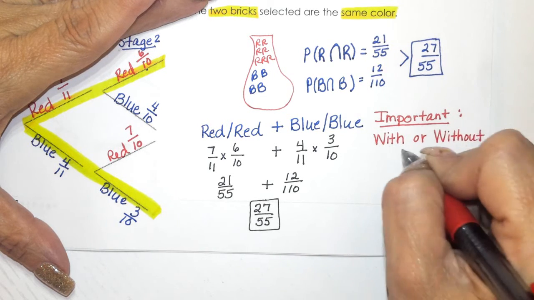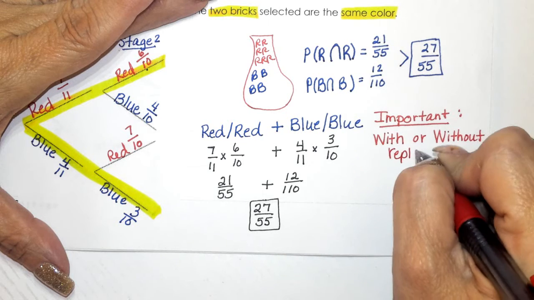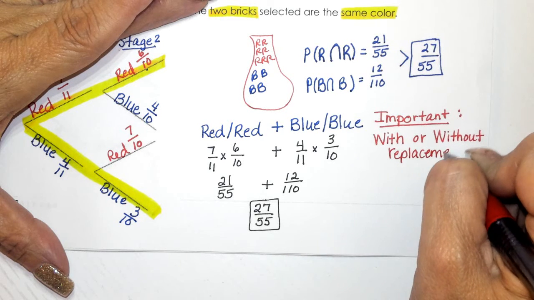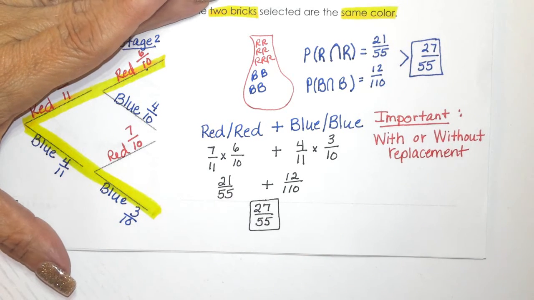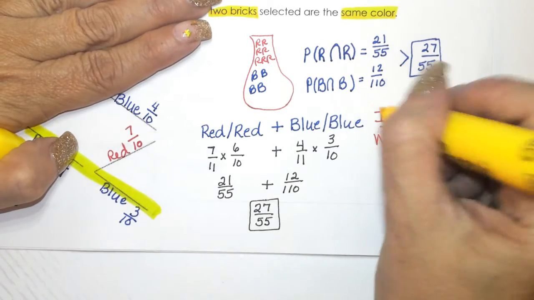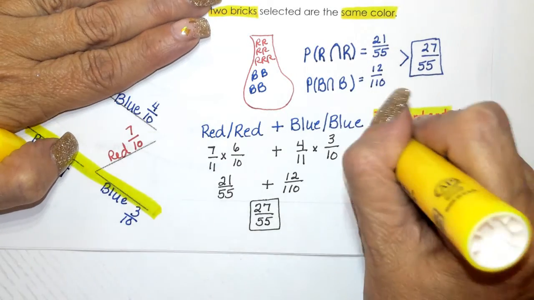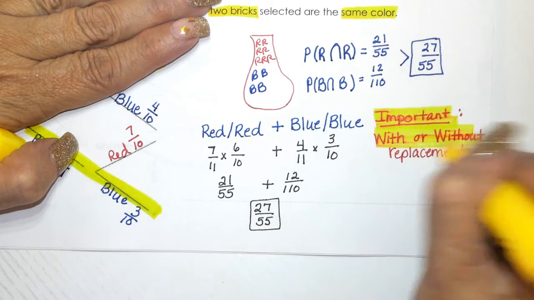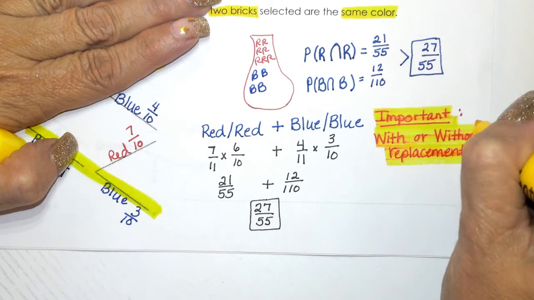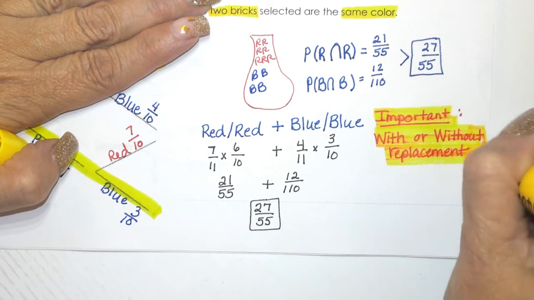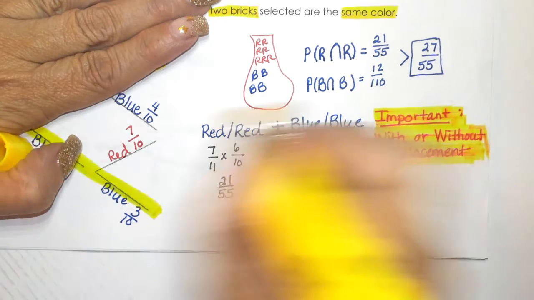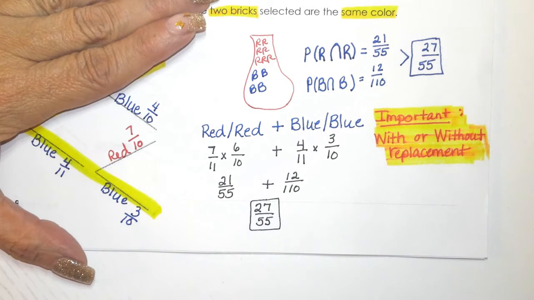I think I've mentioned that before, but it's super important that we keep that in mind. I'm going to even highlight that because on this particular problem, it's probably the most important part: you're not replacing the bricks. You are just solving this problem without replacement.